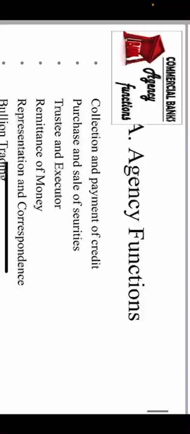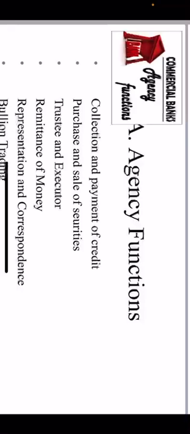Starting with the agency functions, first we have collection and payment of credit. Here the bank collects various negotiable instruments, like you are all aware by now: check, bill of exchange, promissory note, or hundis. A hundi is almost a promissory note, an unconditional order to be paid on time.